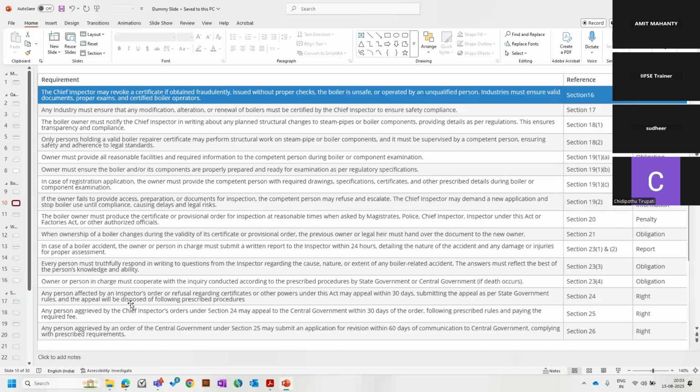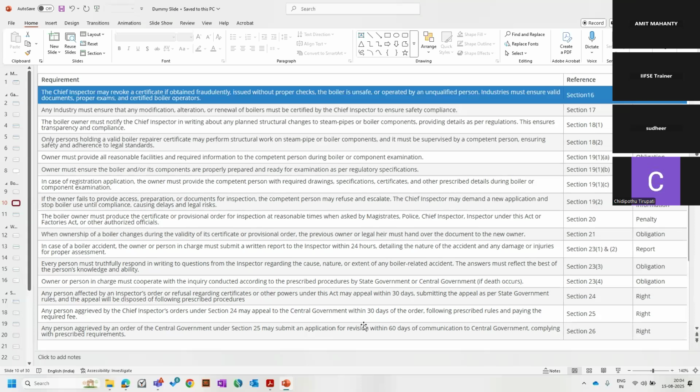Any person affected by an inspector's order or refusal regarding certificates or other powers under this act may appeal within 30 days, submitting the appeal as per the state government rules, and the appeal will be disposed of following prescribed procedures. So it is the right of every boiler owner.